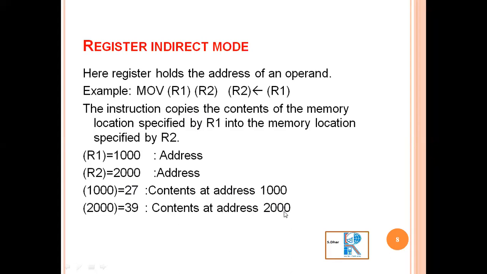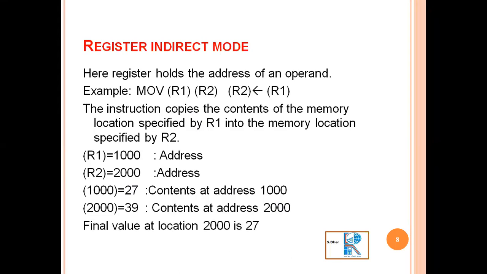That means the updated content of address 2000 is now 27, not 39. Clear? This is called register indirect mode, where the operands are registers, but within the registers they are not the data, they are actually the addresses of the memory. Clear? So this is called the register indirect mode.